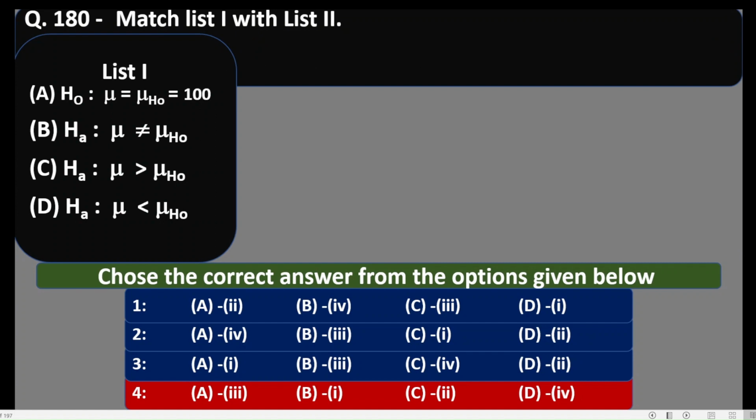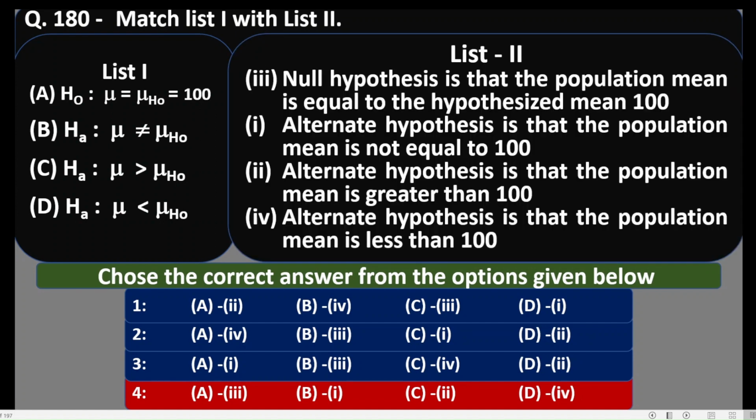Option 4 is correct, and according to that, A of list 1, where in terms of H0, null hypothesis, the assumption for population mean is given, where it is said that mu, population mean, is equal to mu 0, hypothesized mean, equal to 100. This is given in third of list 2, null hypothesis that the population mean is equal to the hypothesized mean 100.